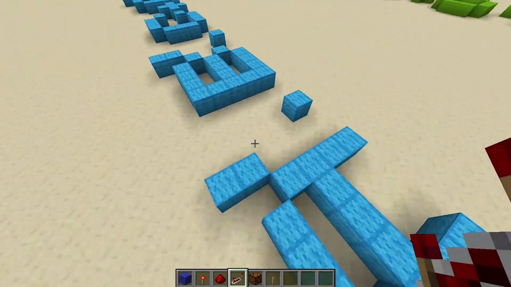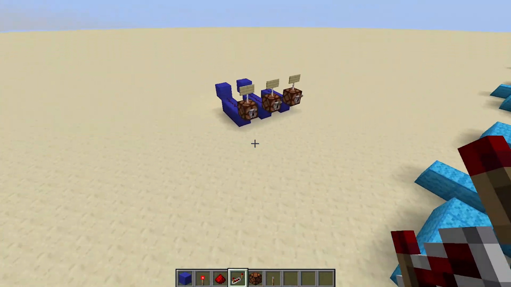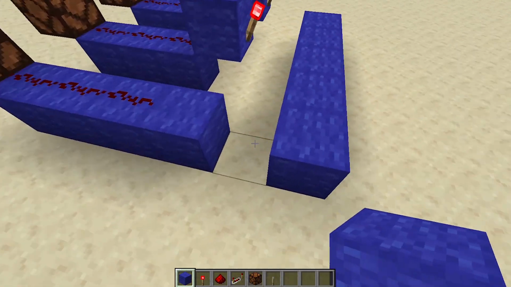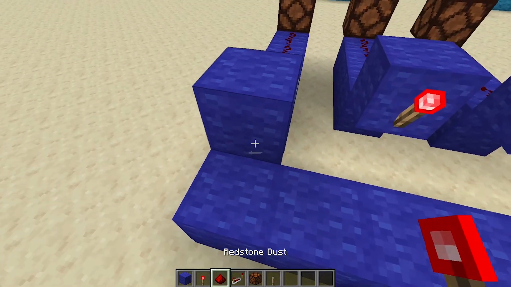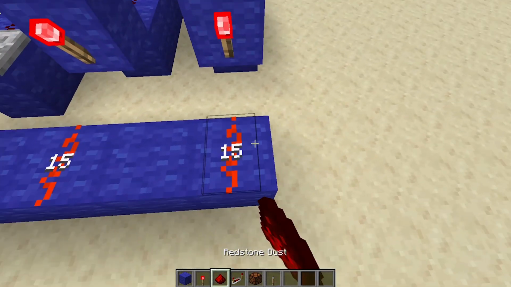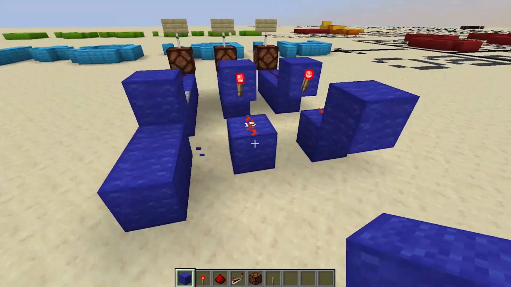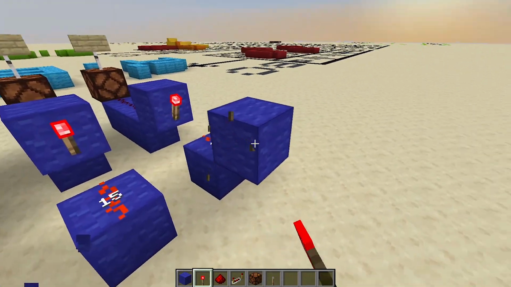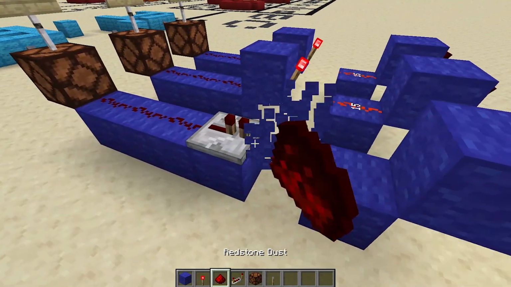And now we have an AND gate with 3 inputs. So what we can do is build a giant AND gate with 3 inputs. So what we can do is like this. We can do an AND gate. I didn't mean to do that. So AND gate like that.